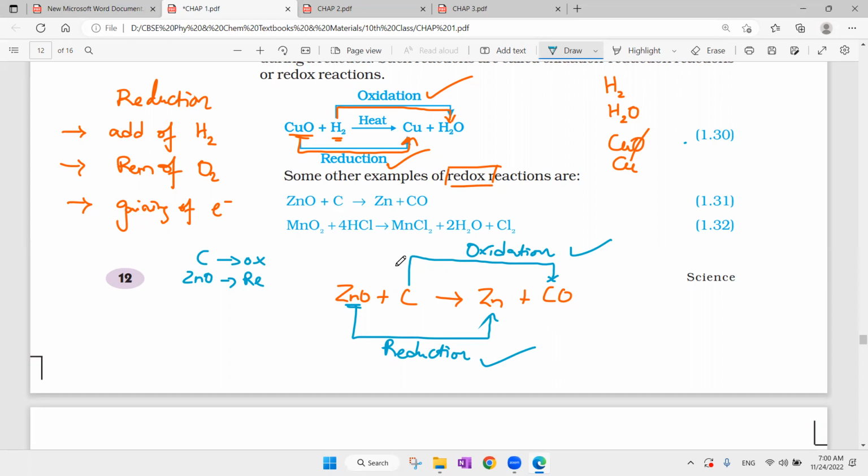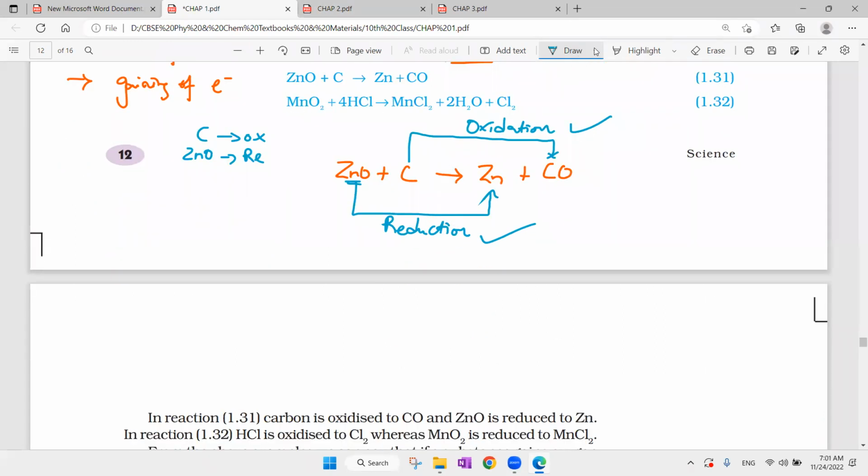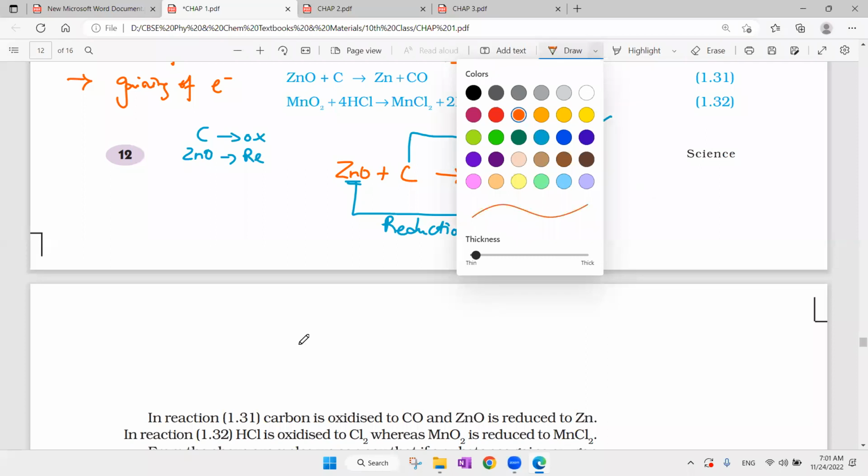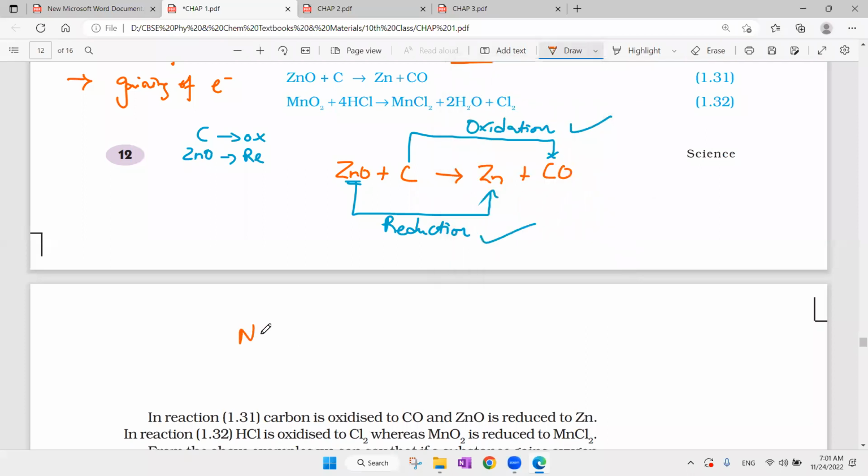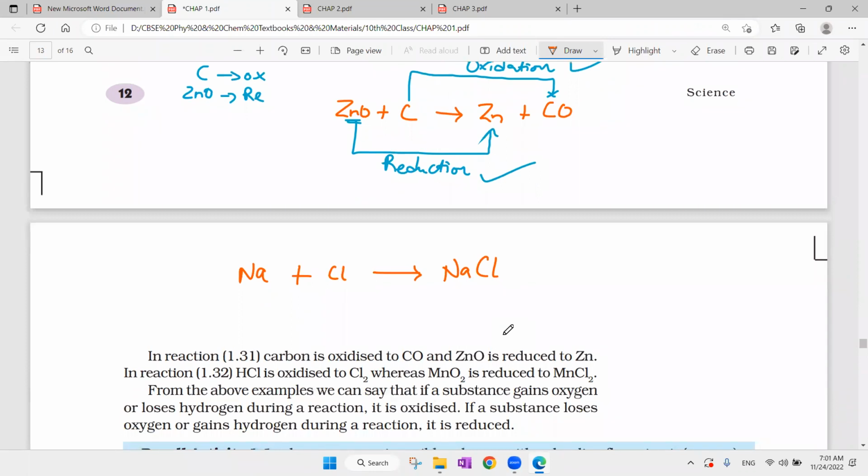Now I'll write one equation, and we have to tell which one is oxidation and which one is reduction. Na plus Cl gives rise to NaCl. Which one is getting oxidized, which one is getting reduced? You should not get confused.